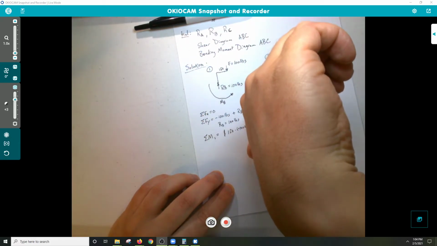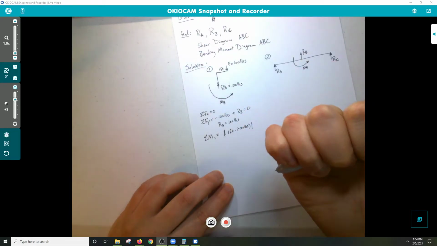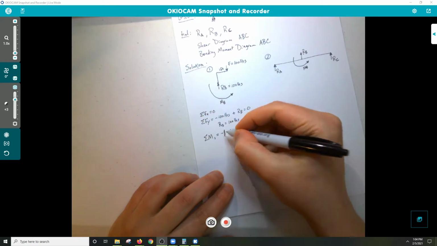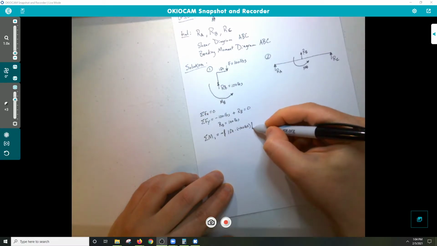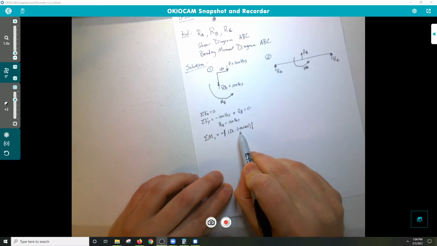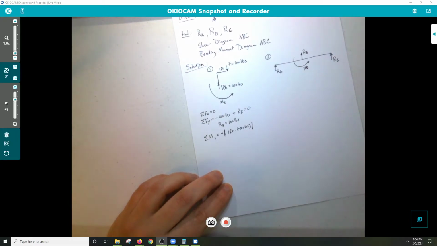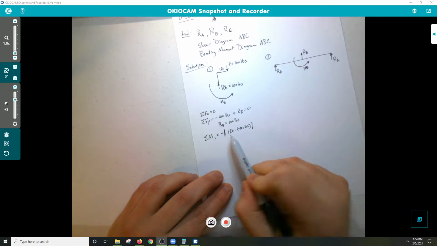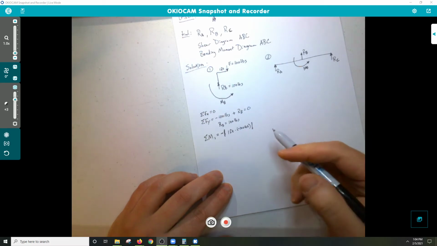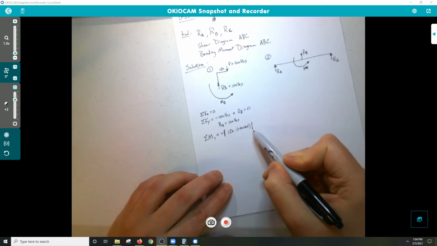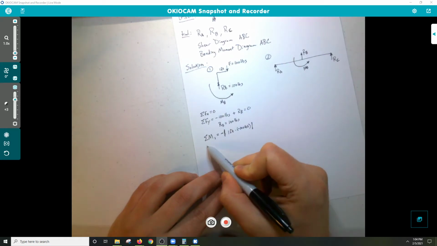Thumb has to point into the page to do that, so we get a negative moment there. And again, we always use absolute value bars because, if this was a negative moment, but it created a positive moment, we don't necessarily want to get a negative if in fact it is a positive moment. So that's why you always use right hand rule for figuring out if the moment's going to be added as positive or negative for summation of moments.